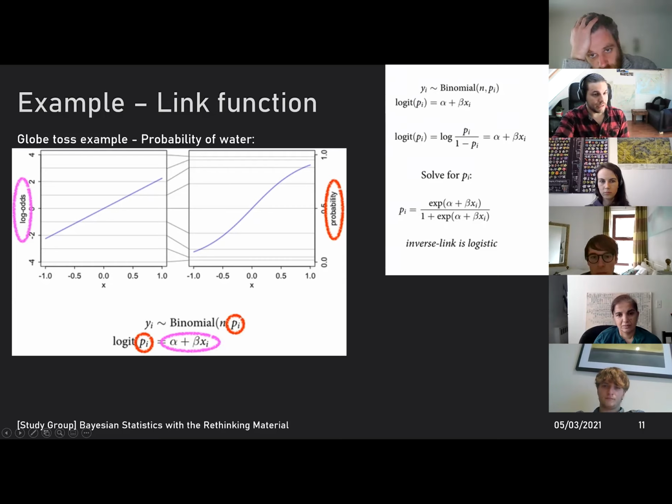And thankfully, from my understanding, we don't have to look too much into how to obtain these different links and which ones make sense, because mathematicians have already done all of the heavy lifting for us.